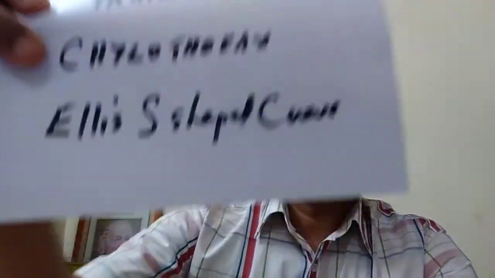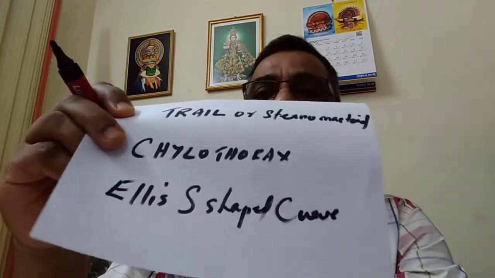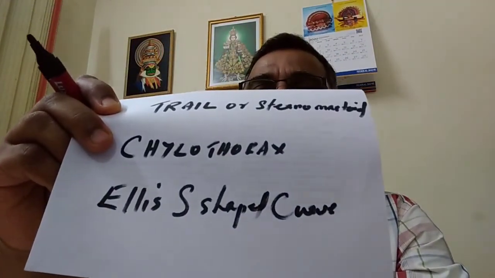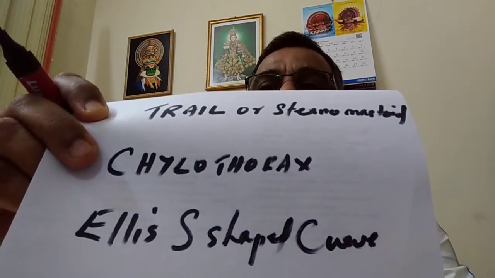Dullness arising from the spine, highest in the posterior axilla and falling again towards the sternum. If we join the upper points, we'll get an S-shaped tracing. That's called Ellis S-shaped curve.